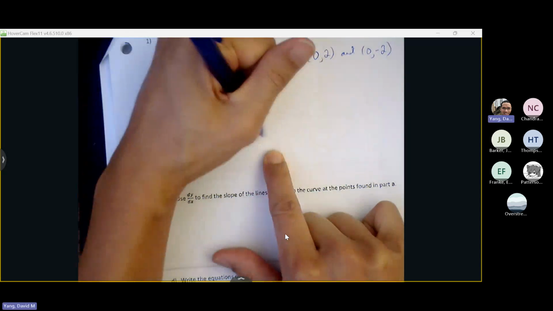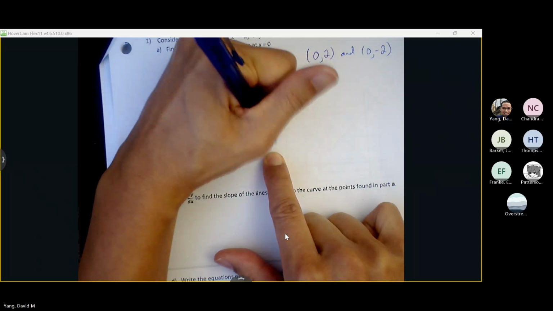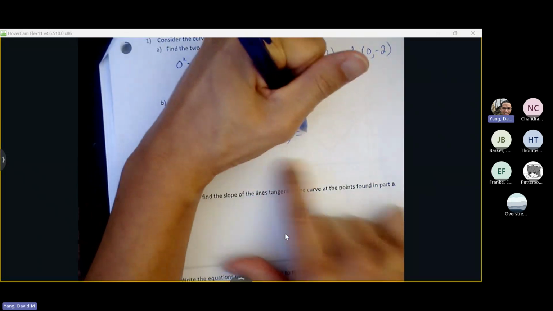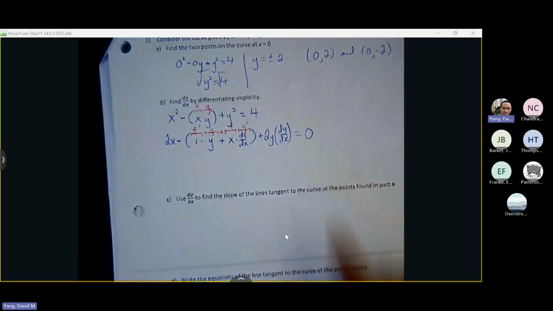Okay, keep going. y squared becomes 2y dy/dx, we're asking for y's derivative. And then don't forget, 4 is also getting impacted. 4 becomes 0. Everybody good so far? We're done with the calculus. Now we're just trying to collect the dy/dx terms. I'm going to distribute the negative through first.